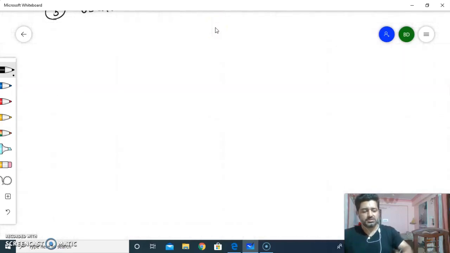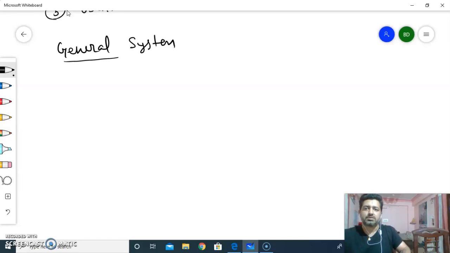So now let's understand the general system of vibration. So in general system we have a spring, we have a damper, and we have mass.